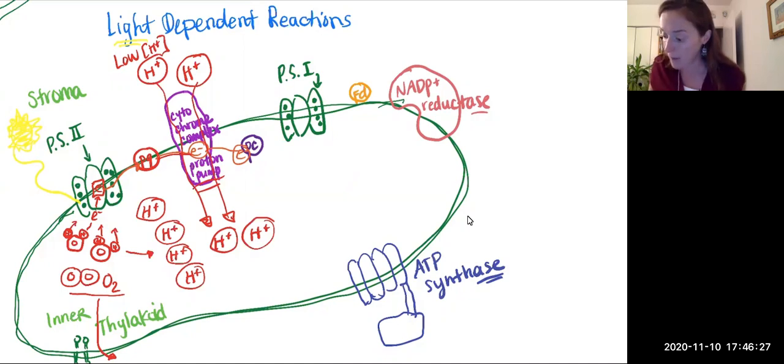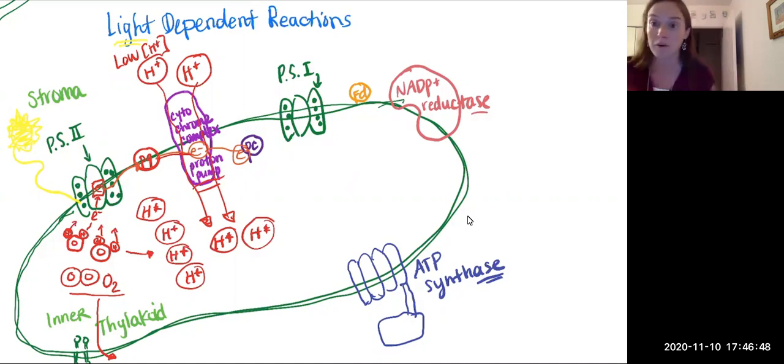You've got a bunch of positive charges here, a lot more positive charges in here than anywhere else. It's also a pH gradient, because remember, H plus is the definition of an acid. It's the H in pH. So you've built up a big gradient, an electrochemical and pH gradient inside of this thylakoid, and that is going to enable work to be done.